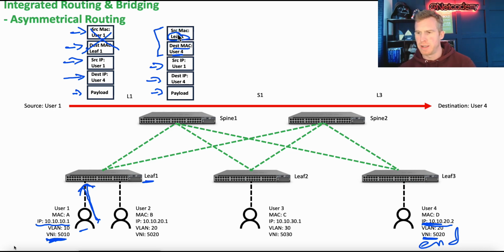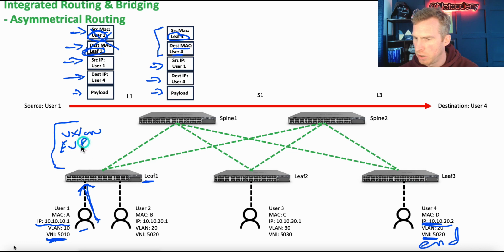Why is it that we no longer have the destination MAC address of leaf 1 here and the source MAC address of user 1? Well, do recall that I said that all of this between the leaves and spines is VXLAN. This is where we've got the VXLAN tunnels and EVPN signaling running on top of the BGP overlay.